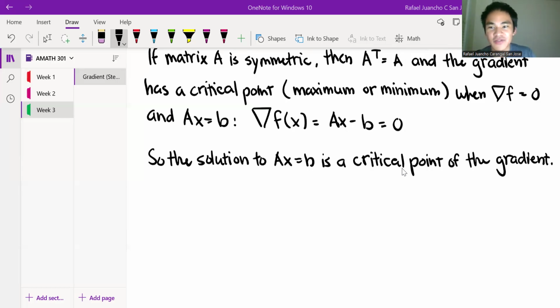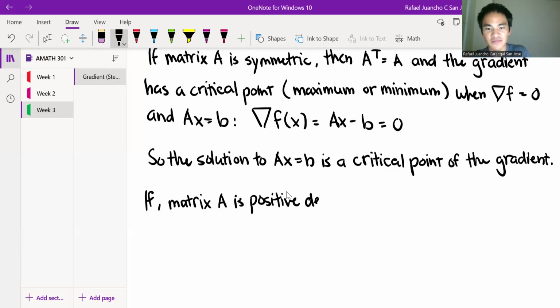If in addition the matrix A is positive definite, so a lot of wording here. If matrix A is what we call positive definite, what does that mean?